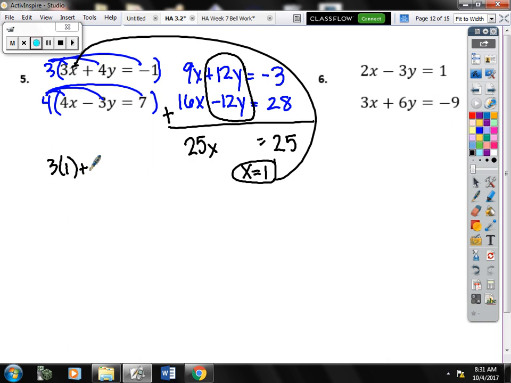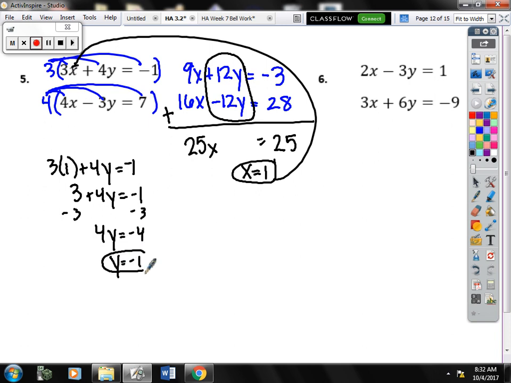It doesn't matter which one, but you should get negative 1 for y. So the ordered pair would be 1, negative 1.